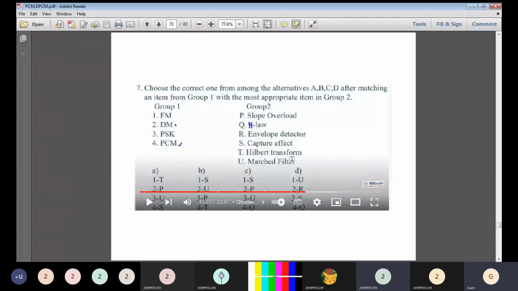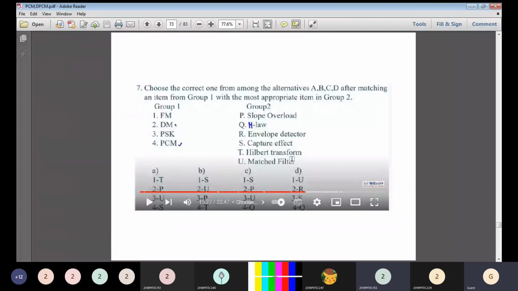In group 2, the first option is P, slope overload. Second is Q, Mula. Third is R, envelope detector. Fourth is S, capture effect. Fifth is T, Hilbert transform. Sixth is matched filter.